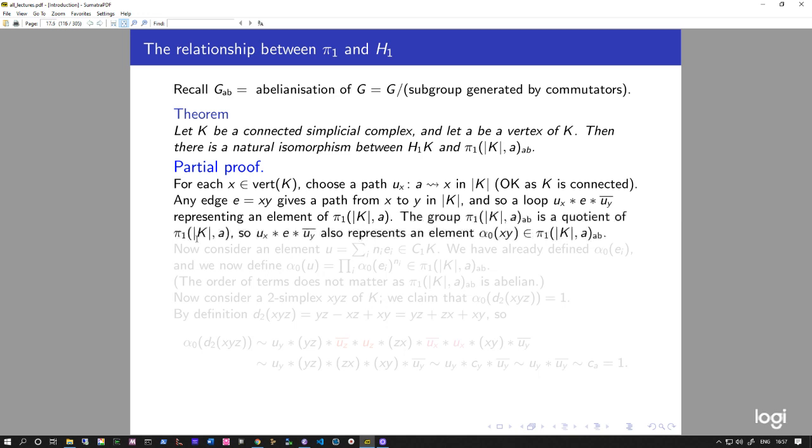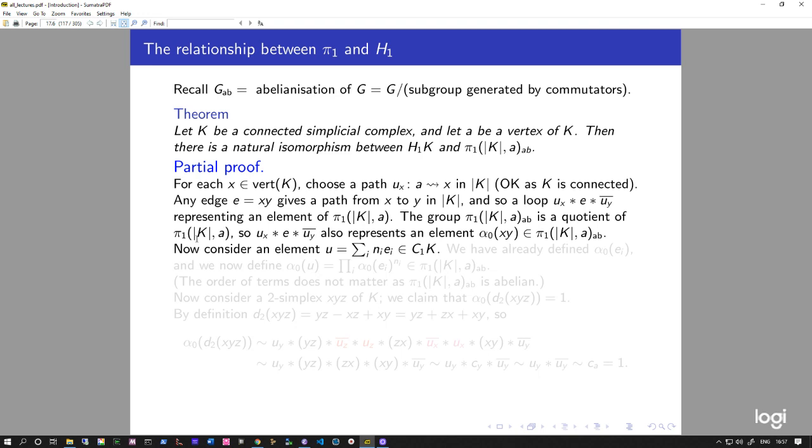And then this abelianization, by definition, is a quotient of pi1. So it's got this loop ux star e star uy bar, and the corresponding coset of that in the abelianization is an element of pi1 K A ab, and we're going to call that element alpha naught of this edge xy.